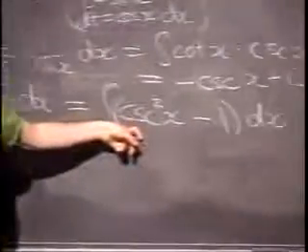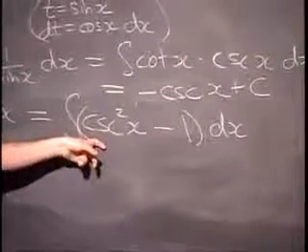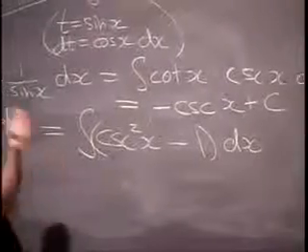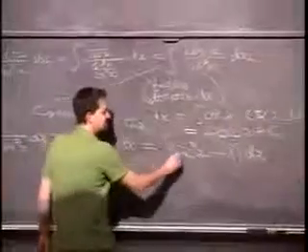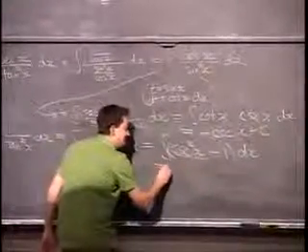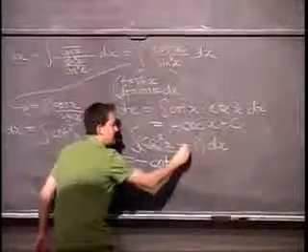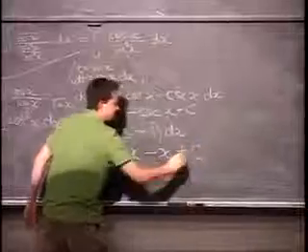Suppose this was secant squared x. What would the answer be? Tan, right? The derivative of tan x is secant squared x. The derivative of cotan x is negative cosecant squared. So the integral of this is negative cotan x, and then minus x from this 1 here.